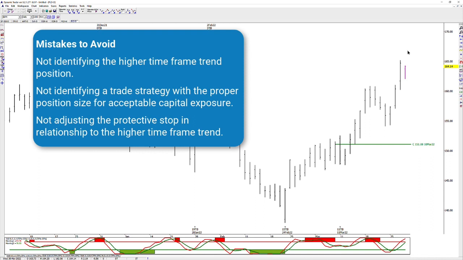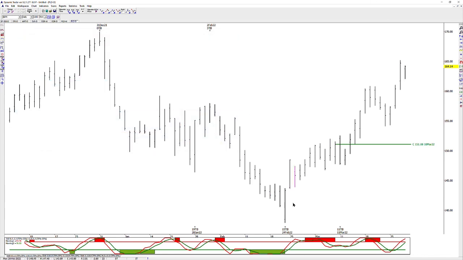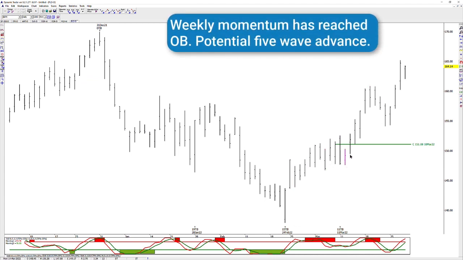In other words, if the higher time frame, in this case the weekly momentums and pattern position, would be approaching a probable higher time frame reversal, then we would begin to trail our stop very close to the market. So if we look at PLD right here, we know that the weekly momentum has reached overbought, potential 1, 2, 3, 4, 5.